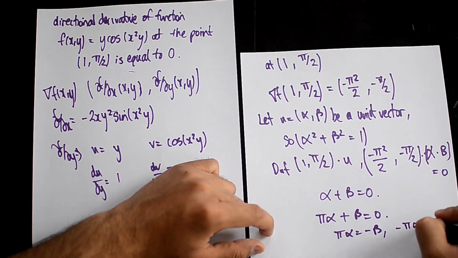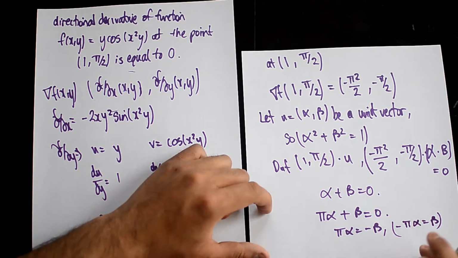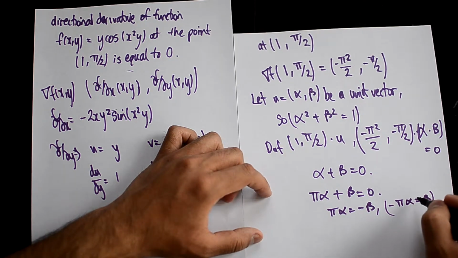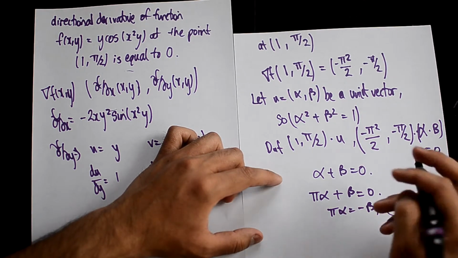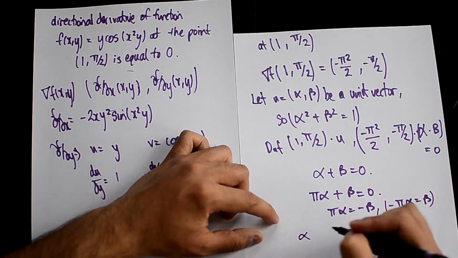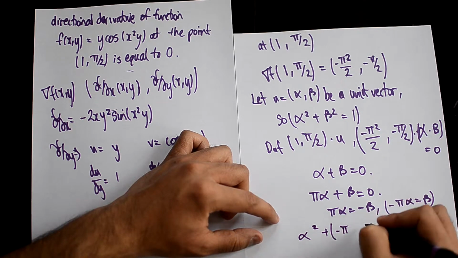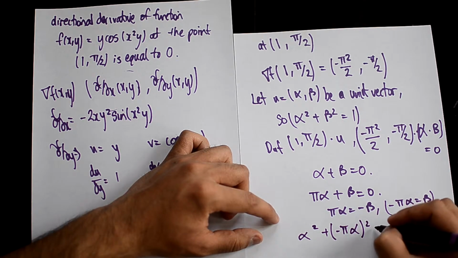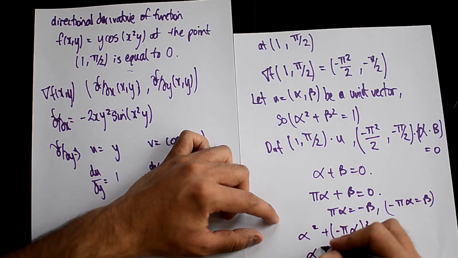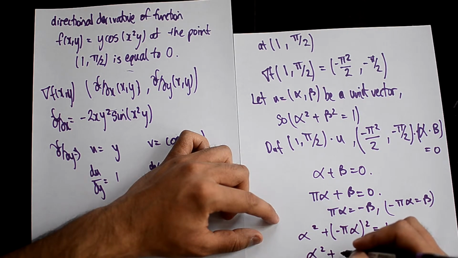Minus pi alpha equals beta. So we just multiply both sides by minus 1. We can now plug in this value here. So then we'll get alpha squared plus minus pi alpha all squared equals 1. So we're going to get alpha squared plus pi squared alpha squared equals 1.